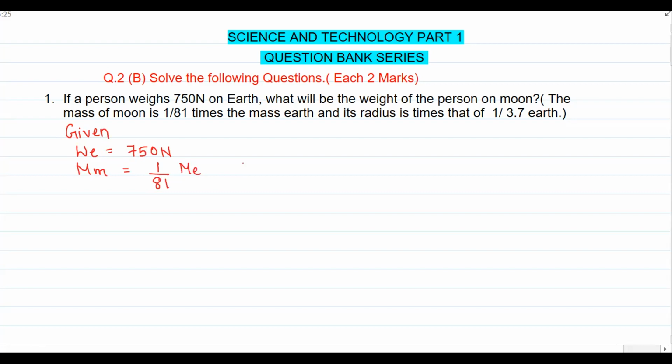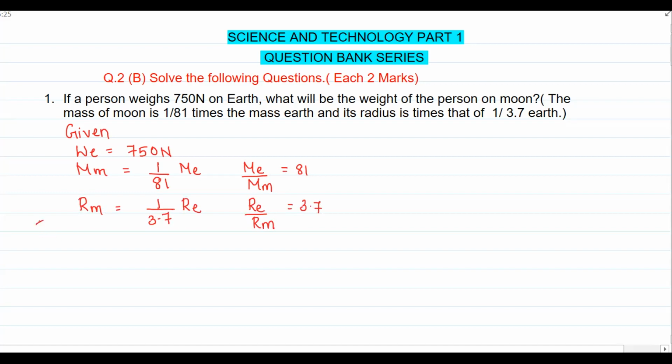If we cross multiply, we will get ME upon MM is equal to 81. Radius of Moon is given 1 upon 3.7 times radius of Earth. This also on cross multiplying we will get RE upon RM is equal to 3.7.